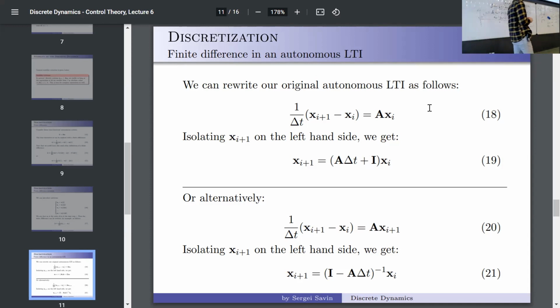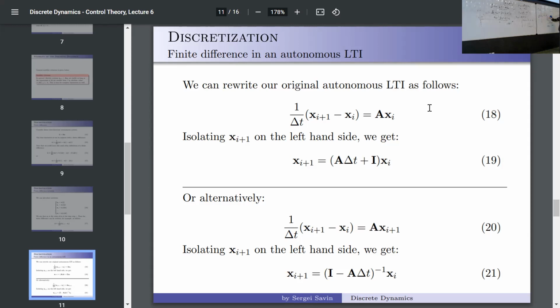Now, remember I said that we could have different types of this finite difference. Well, let me show you just one interesting way to do the discretization. One interesting way is to say, let's discretize it with the same finite difference. This is the finite difference part.